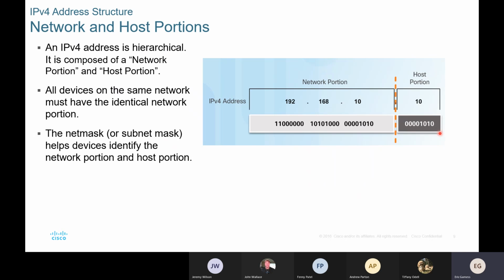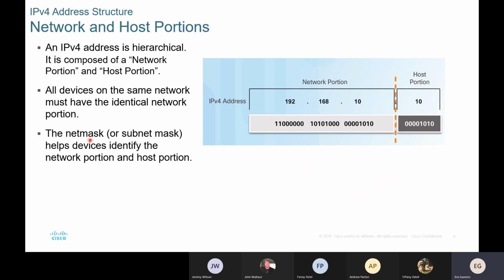To know if a bit belongs to the network part or the host part, there is something that we call the net mask or the subnet mask. The net mask will be a series of 1s followed by a series of 0s.